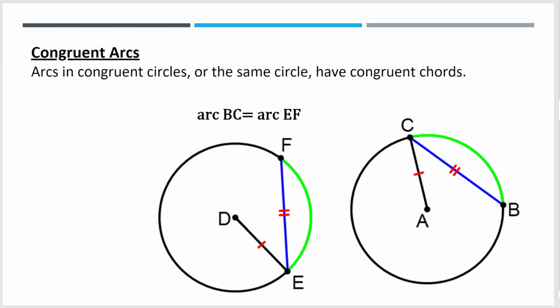Congruent arcs in congruent circles or the same circle have congruent chords. Therefore, if we're told that arc FE is congruent to CB, then that means that the chords also have to be the same length.